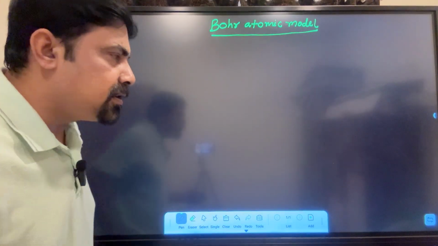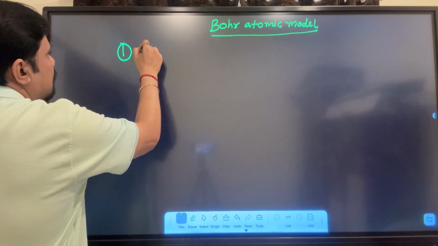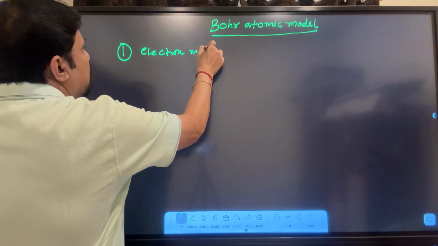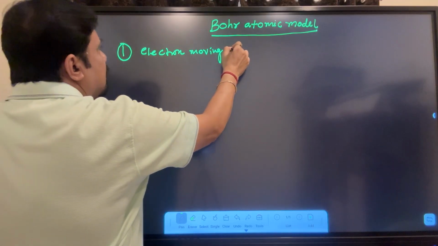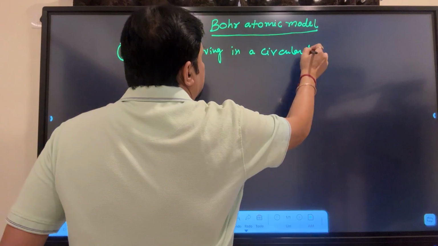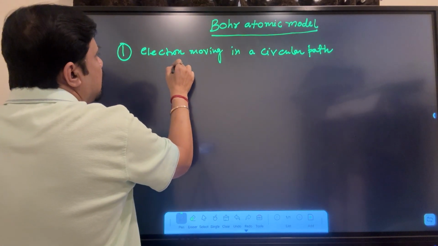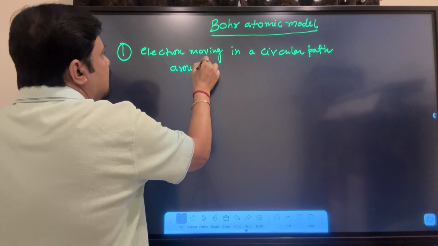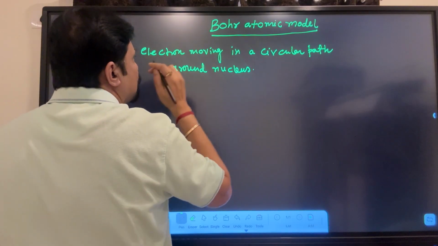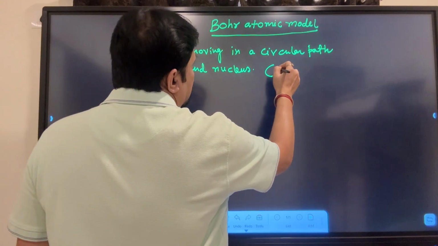First, what are the postulates? Quickly look at this. First, he says the electron moves in a circular path around the nucleus, which we call an orbit.